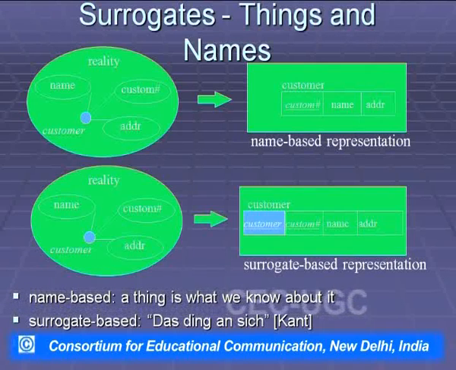In another way, the customer's name and address in reality can be a surrogate-based representation. Name-based means a thing is what we know about it. Surrogates are system-generated, unique internal identifiers.